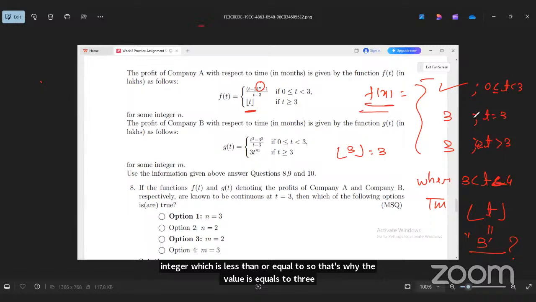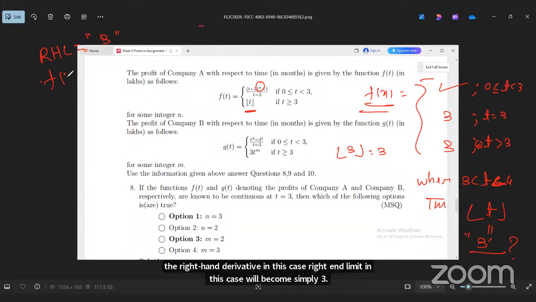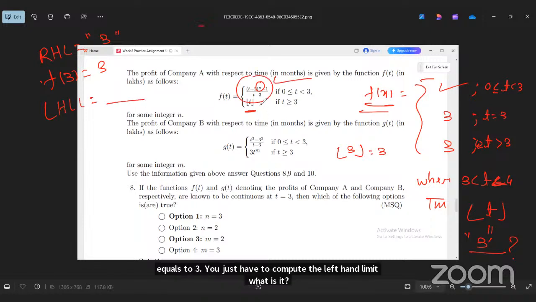Now what you have to do is compute the left hand derivative and the right hand derivative. The right hand limit in this case will become simply 3. The value of the function we have, f of 3, is equal to 3. You just have to compute the left hand limit using this particular expression. I think it's a polynomial. As t goes to 3, the denominator will become 0.